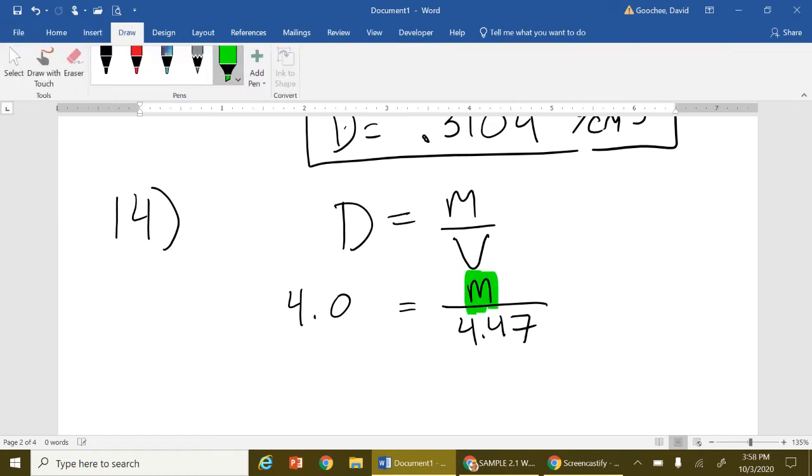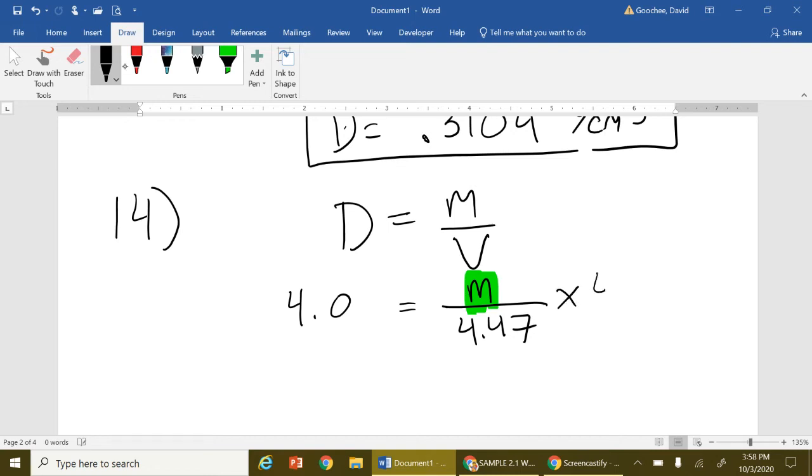So listen, right now, mass is being divided by 4.47. To get mass by itself, to solve for it, we have to undo that. So how do you undo dividing by 4.47? Some of you guys at home are screaming it like you're watching Dora the Explorer. Multiply!